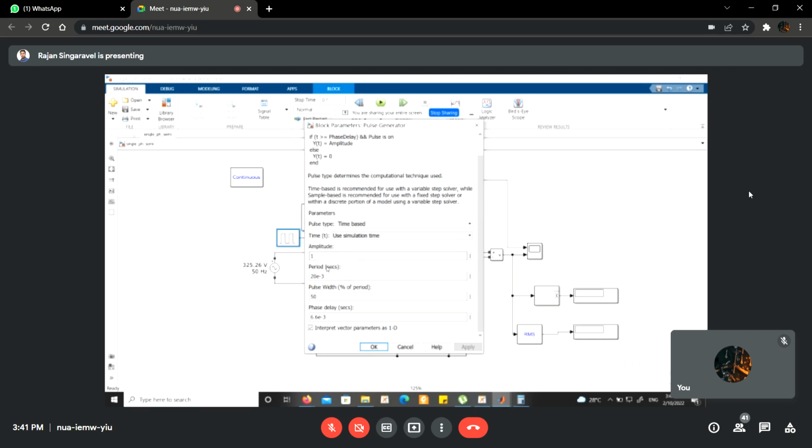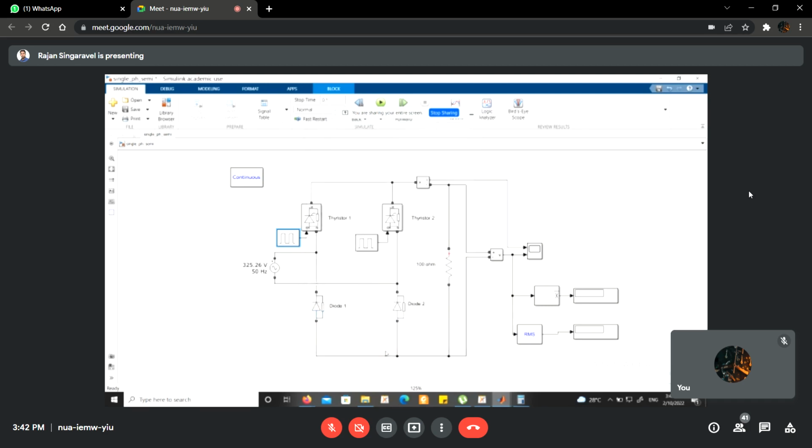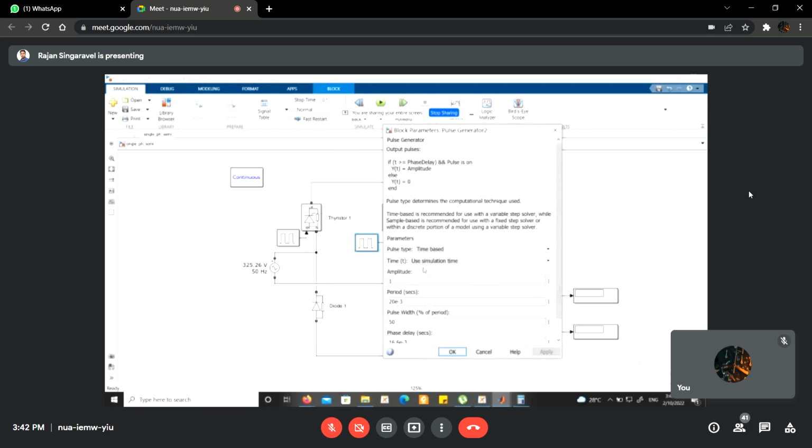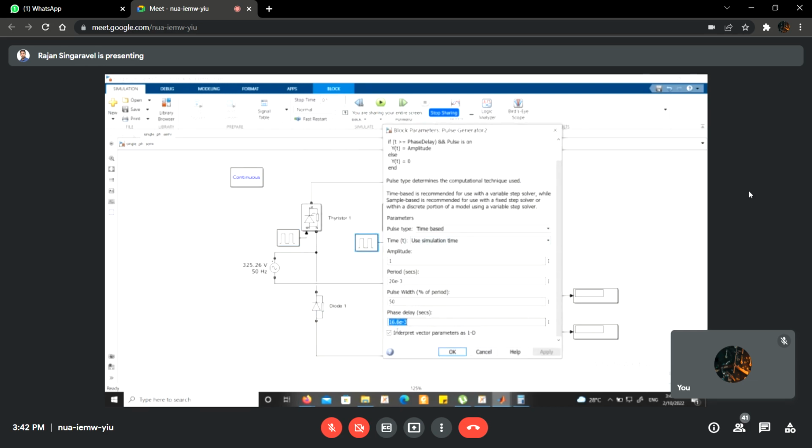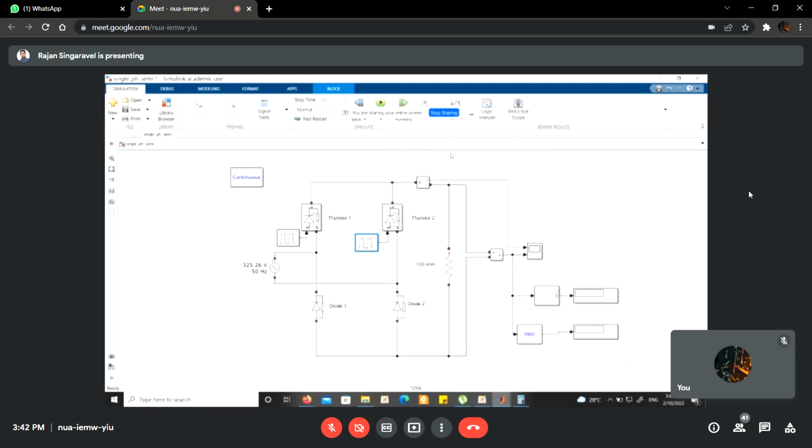So I think we can change this to 3.33 millisecond, and this should be 13.33. It is now a 60 degree firing angle.